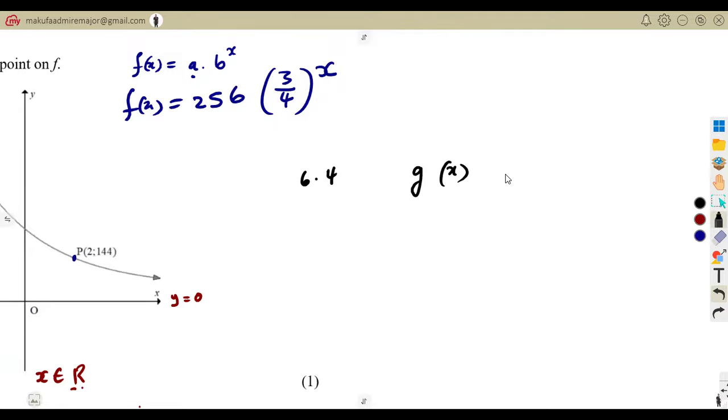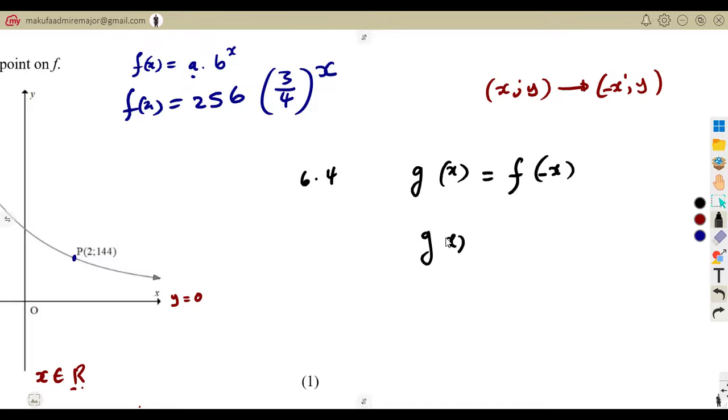From the f of x that you're given, a reflection in the y-axis, remember from your grade 9 mathematics, the xy is going to change, the rule is going to be given as minus x, y. A reflection in the y-axis, y is not affected. It is x which is going to be affected by a negative. So in place of x, just multiply by a negative. So it simply means g of x is equal to f of minus x. F of minus x, that is a reflection in the y-axis.